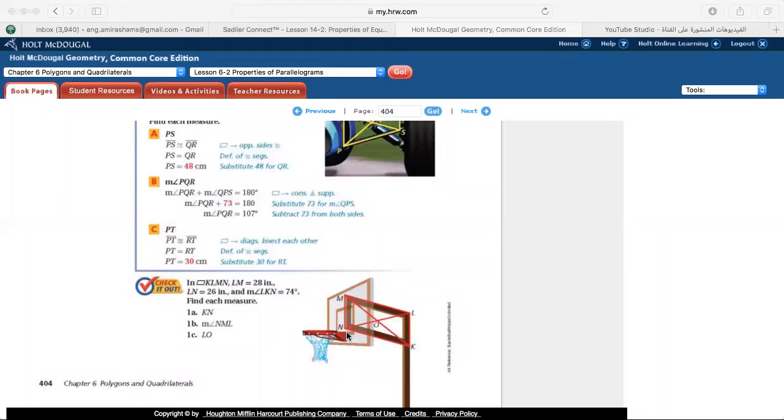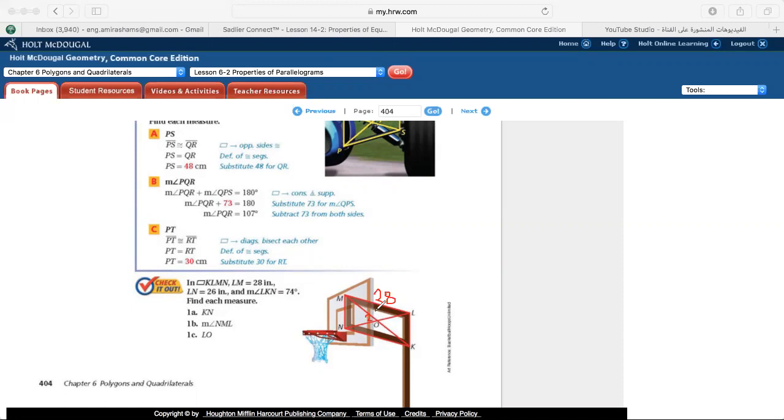I have here another parallelogram, which is KLMN. LM, this side, is 28. Okay, LN is 26. All the diagonal LN is 26.